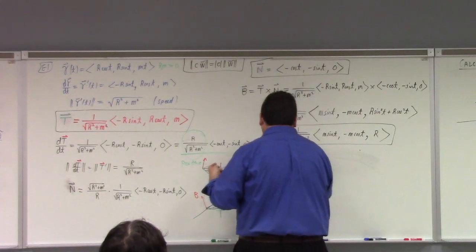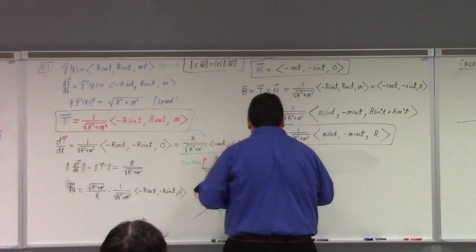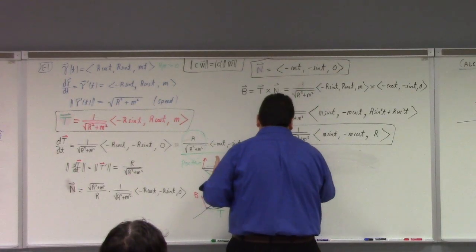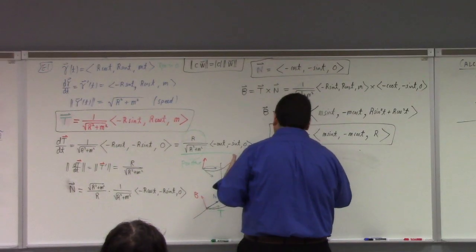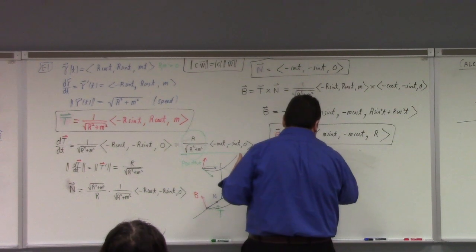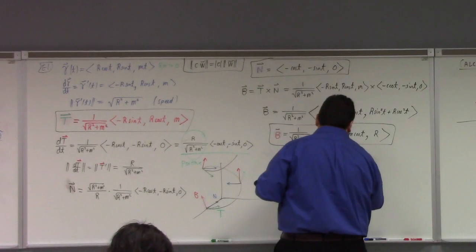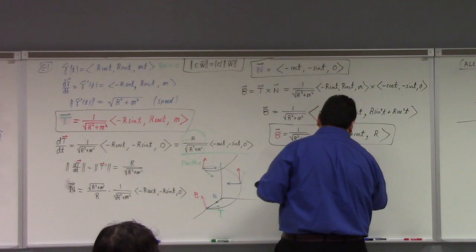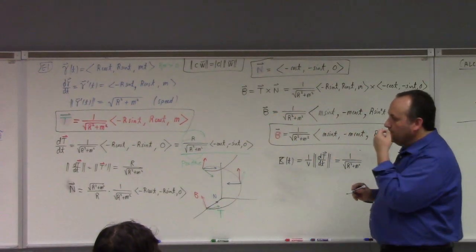So the curvature, and I'm going to use the speed formulas because reparametrizing with respect to arc length gives me no joy. Kappa of t is 1 over the speed times the magnitude of dT dt. We calculated last time that the speed was the square root of r squared plus m squared. And what's the magnitude of dT dt?